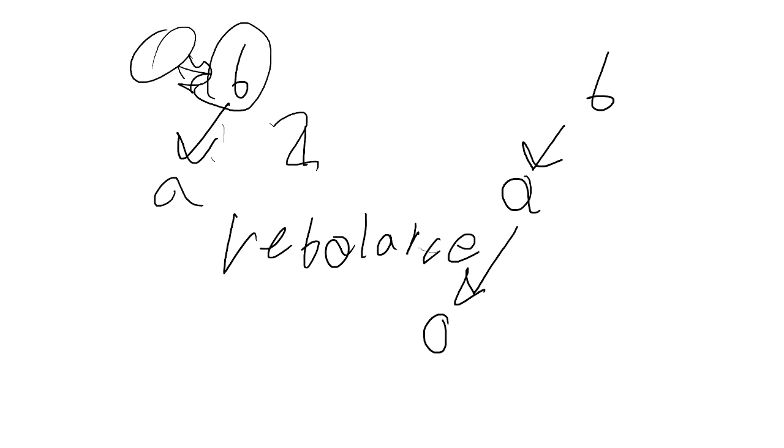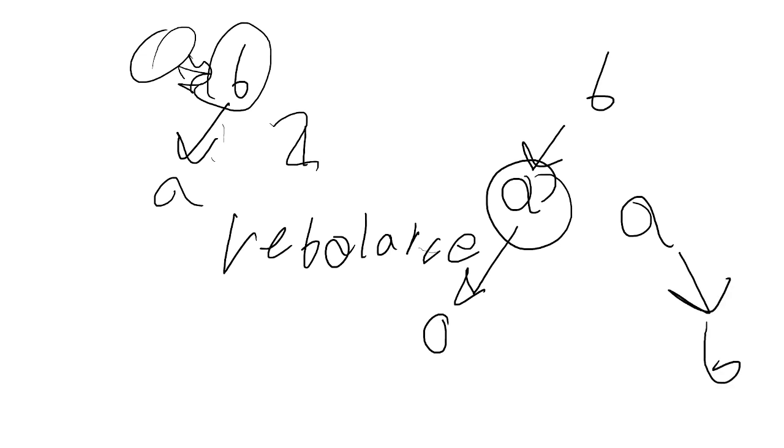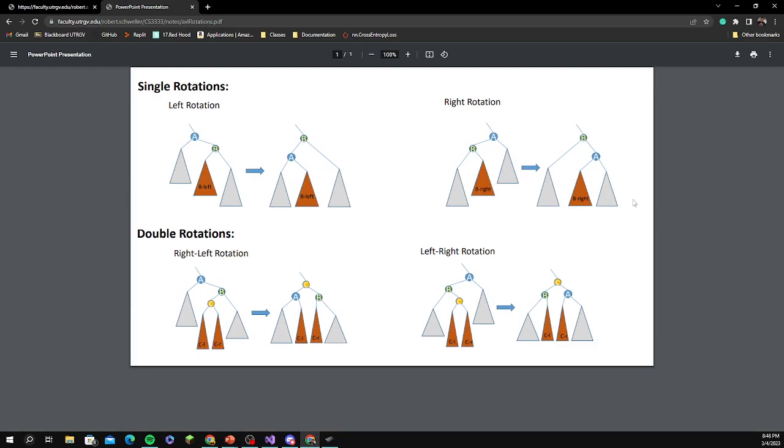Just rebalance, because it's supposed to look like this, because this is off balance, and you do some rotation to the, I believe, right side, because we want this as our node. So it's going to be A, B, and then whatever this is, 0. So that's going to be our rotation. Let me make sure I'm doing this right. So there's a single rotation.